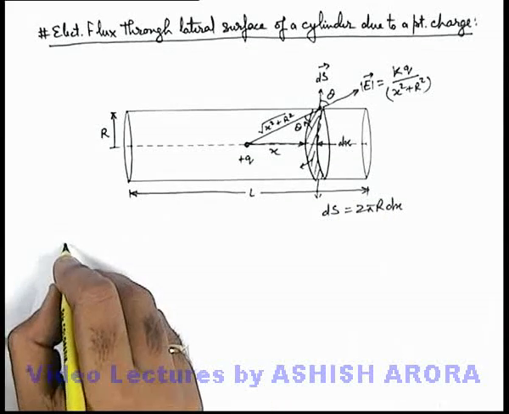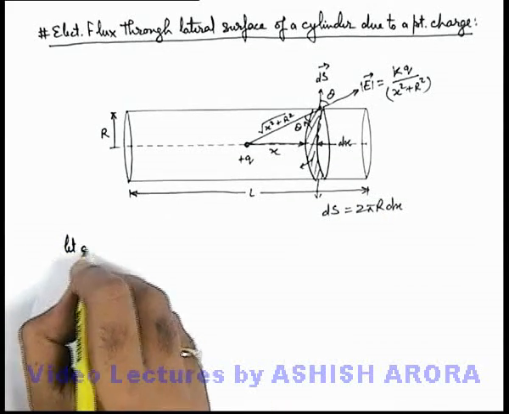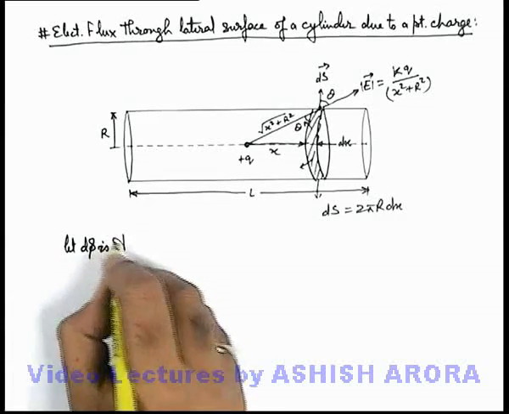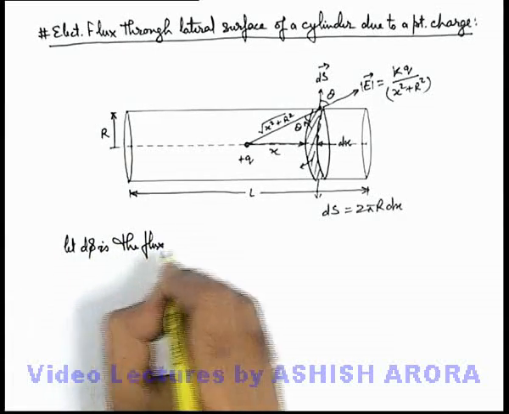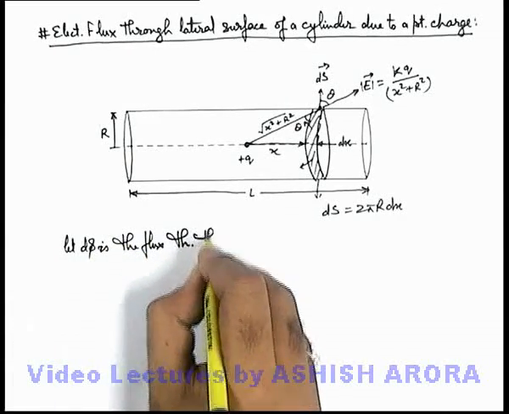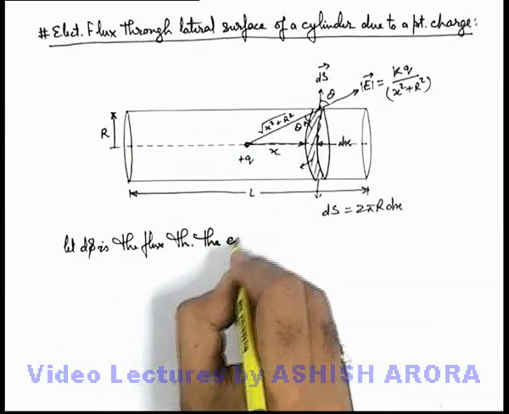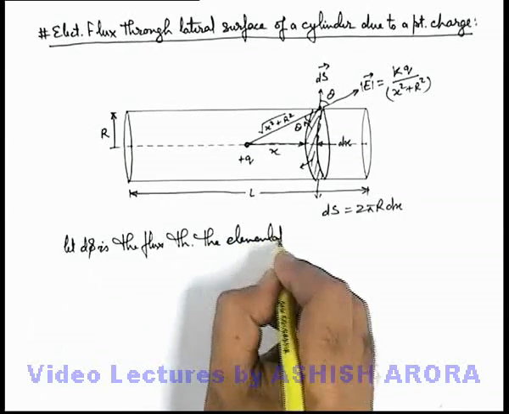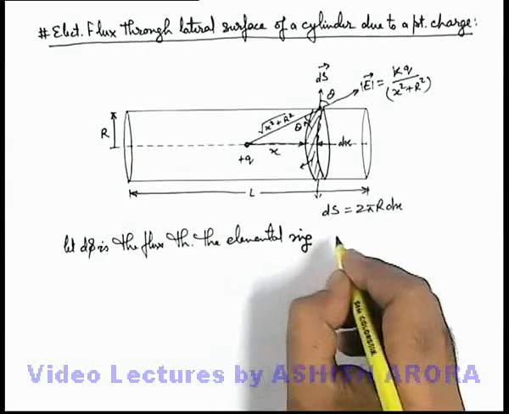Now in this situation, let d phi be the flux through the elemental ring.